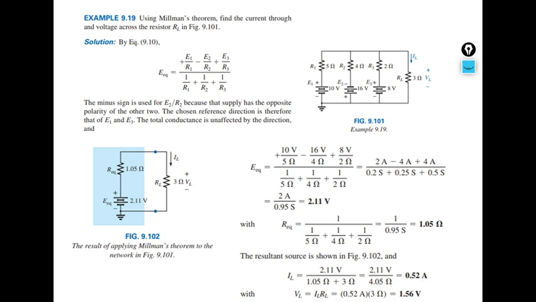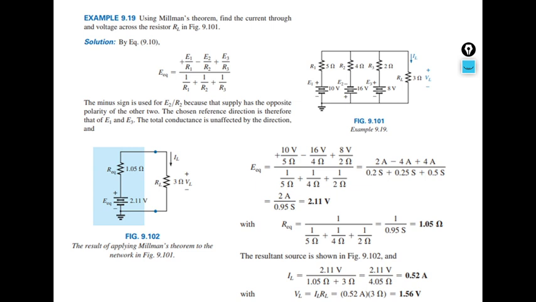So what we have done using Millman's theorem is just use this formula to find the equivalent. R equivalent is 1 by the summation of Gi, with i equal to 1 to n, where n is here 3.